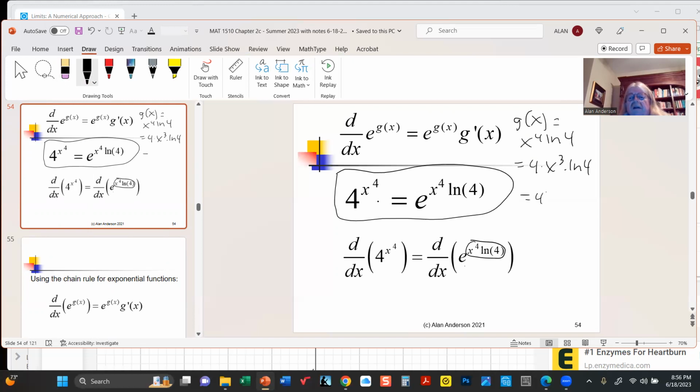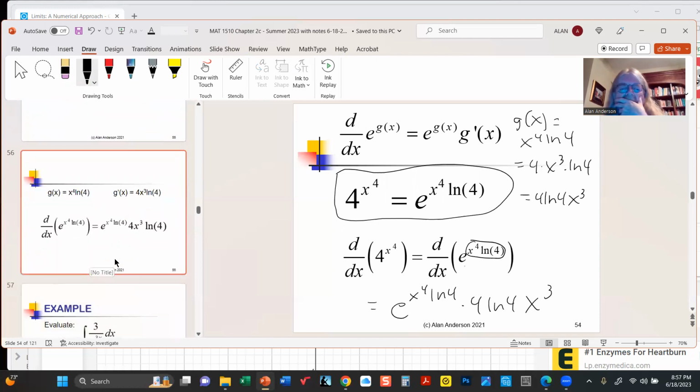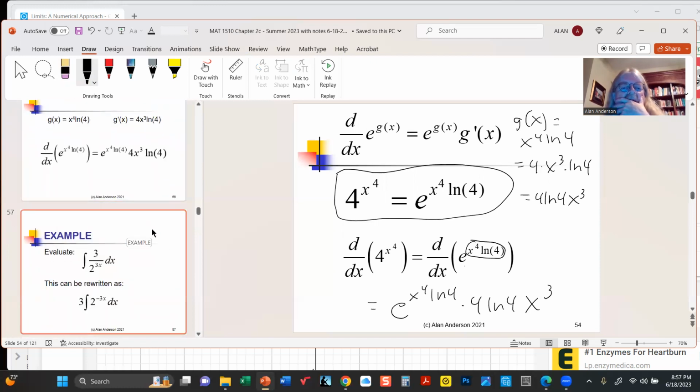Or if you want, you can rewrite it as 4 log 4 x cubed. So we're going to end up with e to the x to the 4th log 4 times 4 log 4 x cubed. Oof, what a mess. And there's really nothing you can do with it. There's no obvious way to simplify it. But that's it. That's your answer.